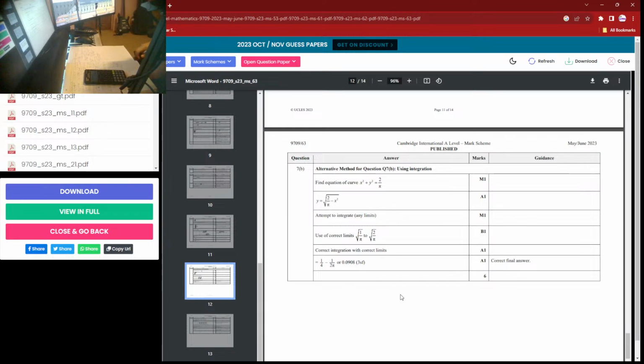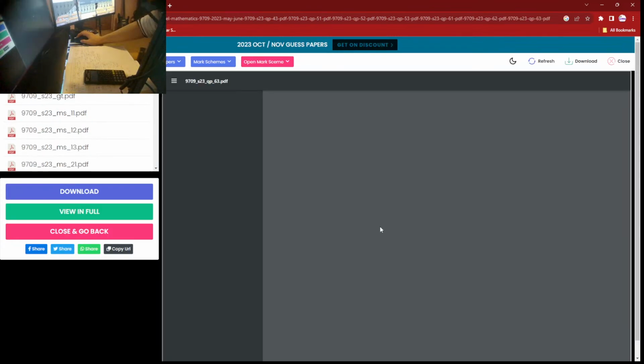I need to look up the parameters for whether you should use Poisson or normal and all that stuff. I need to revise all that. 7b, 1/4 minus 1/, what? 1/2 pi? What did I do wrong? There's a curve? Oh yeah, there's a curve.